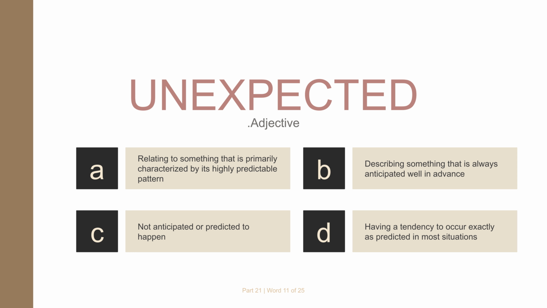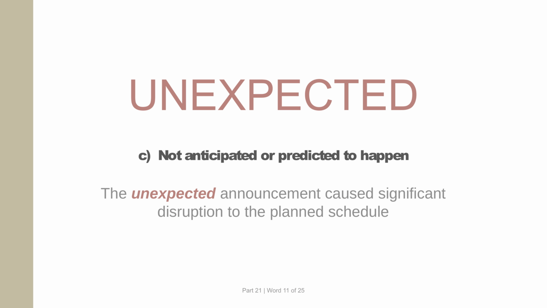Option D. Having a tendency to occur exactly as predicted in most situations. Correct answer, option C. The correct meaning of unexpected is not anticipated or predicted to happen. Example: the unexpected announcement caused significant disruption to the planned schedule.